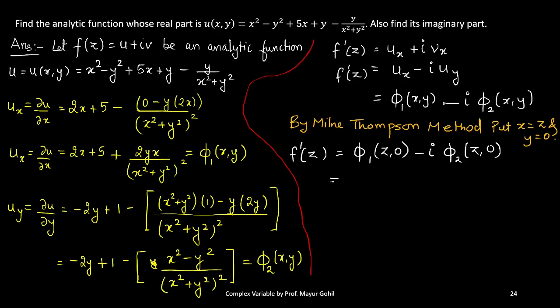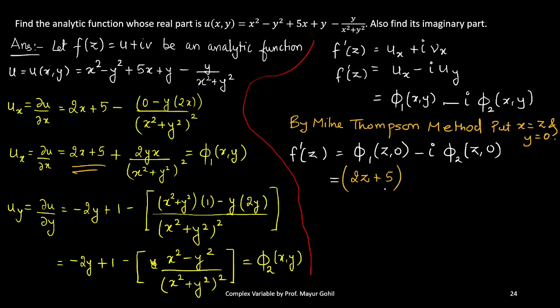The moment we do that simplification, what do we see? In the first term over here it is going to be 2z plus 5. No change there. But the moment I put y equals to 0, the numerator becomes 0, and 0 upon denominator is going to become 0, so not an issue.